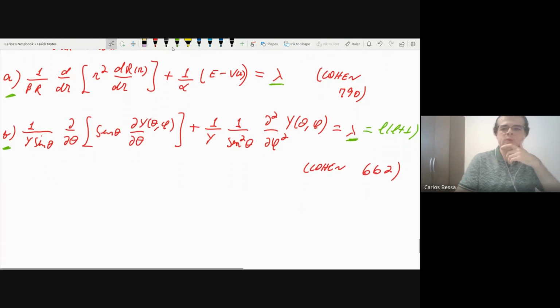Okay, I think we have the solution for how to solve this equation. Just give the solution. Okay, so the solution from the radial equation.